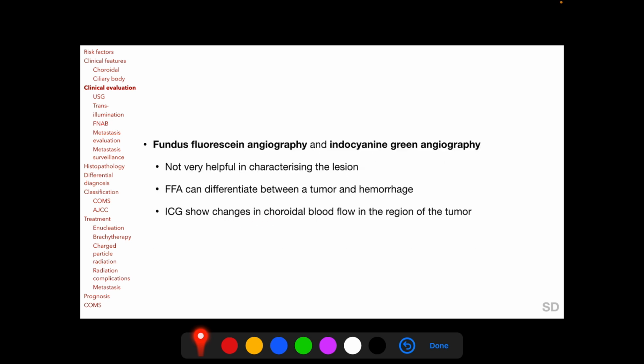Fundus fluorescein angiography and indocyanine green angiography are not very helpful in characterizing an intraocular tumor. However, FFA can differentiate between an intraocular tumor and hemorrhage, with the latter blocking fluorescence. Indocyanine green angiography shows changes in choroidal blood flow pattern in the region of the intraocular tumor but does not characterize a tumor to be choroidal melanoma.